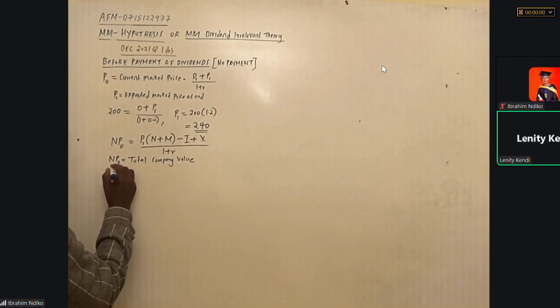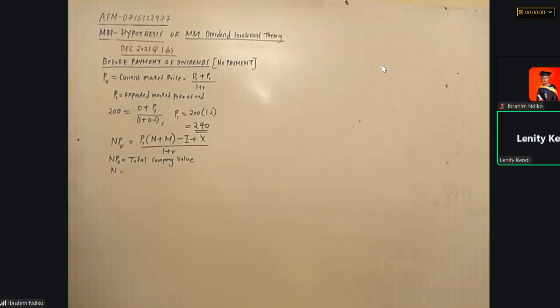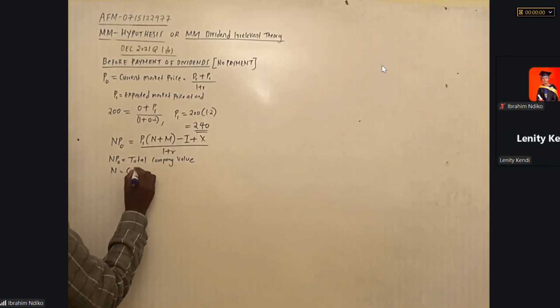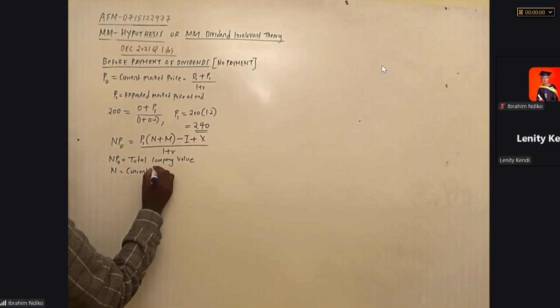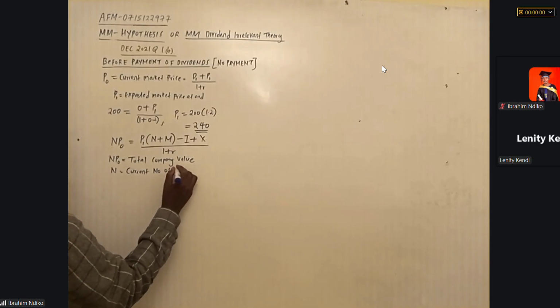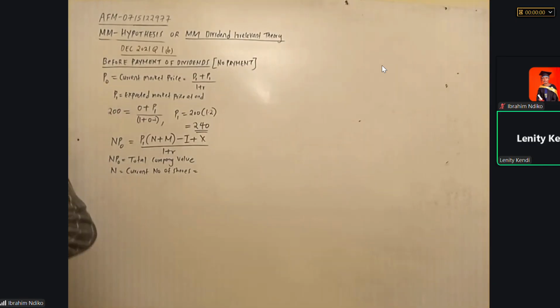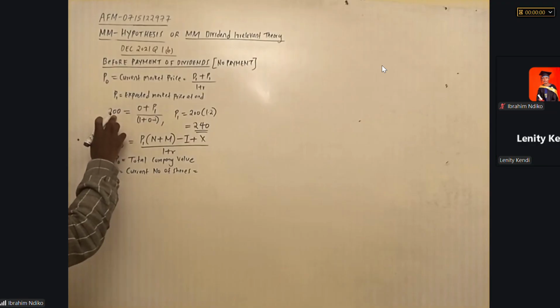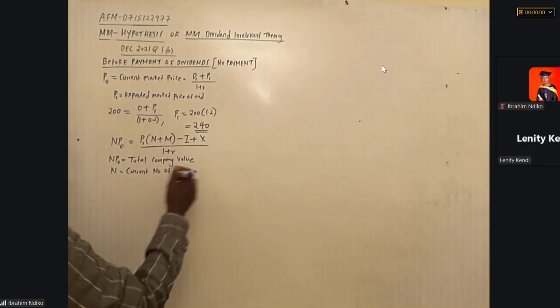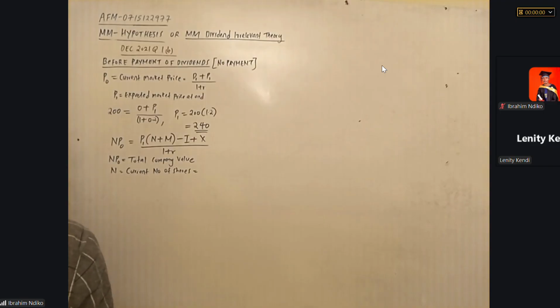N is the current number of shares. What's the current number of shares? From the question, the company currently has an issue of 500,000 shares.